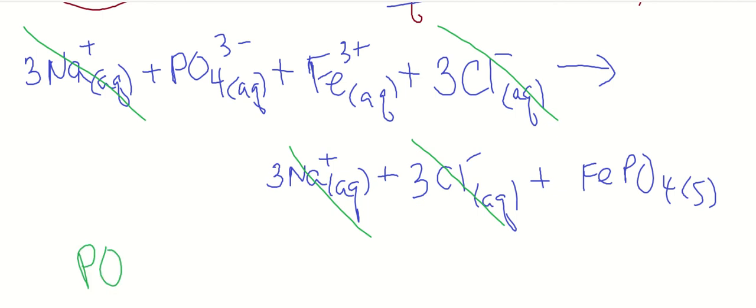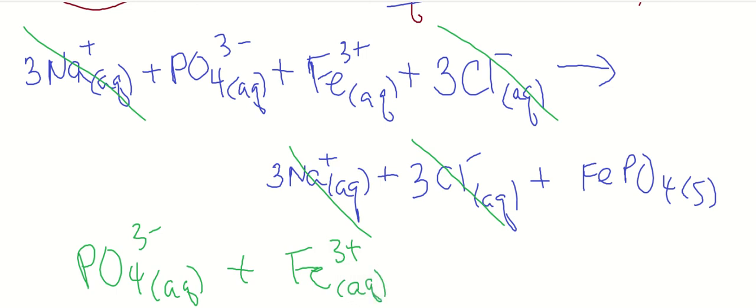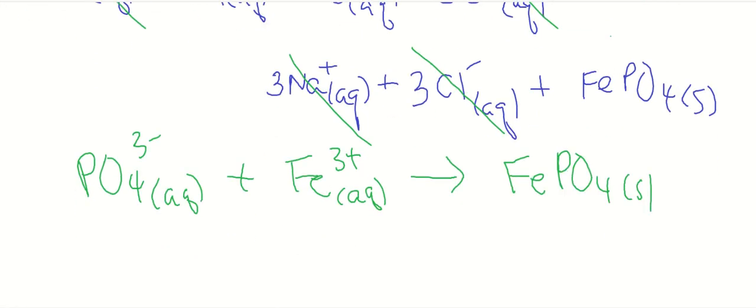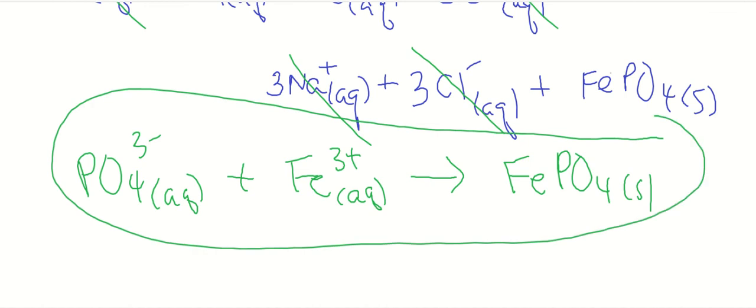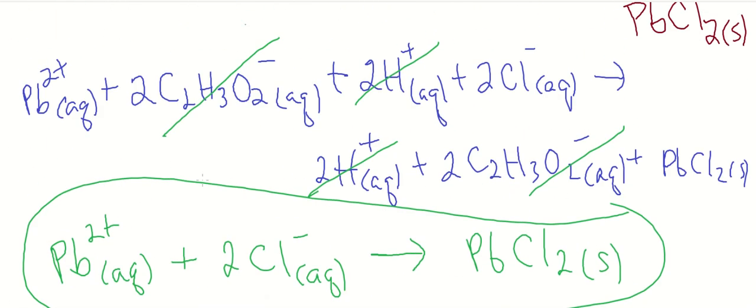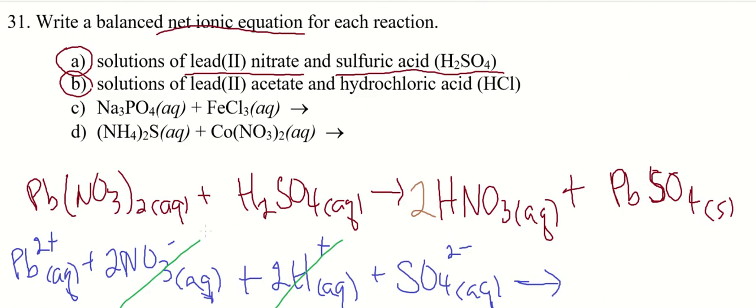That's going to be your phosphate ions in solution reacting with the iron ions in solution to produce iron 3 phosphate. There it is, answer. One more to go.